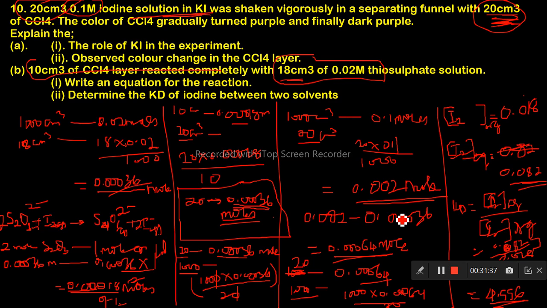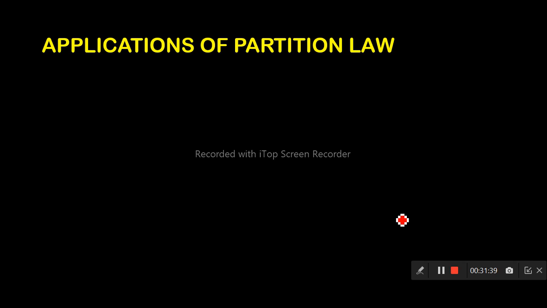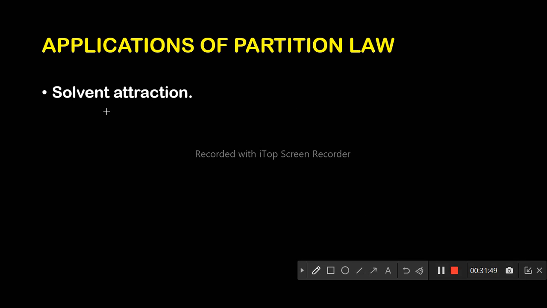Yeah, that's good, guys. So applications of this, why are we doing all of this? By the way, it is important. Number one, in solvent extraction, not attraction. This was a computer error. It is extraction.